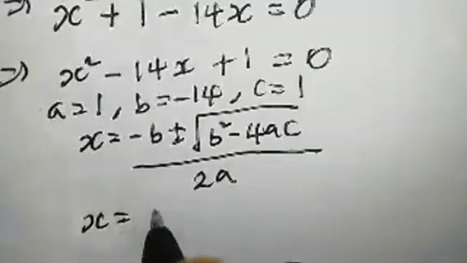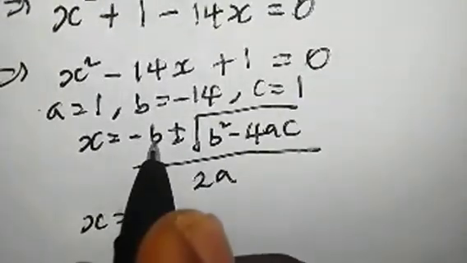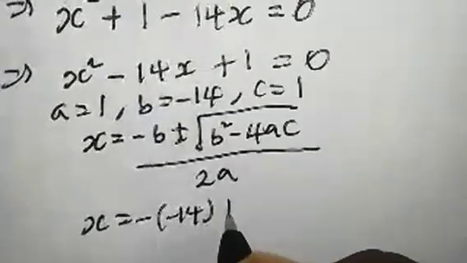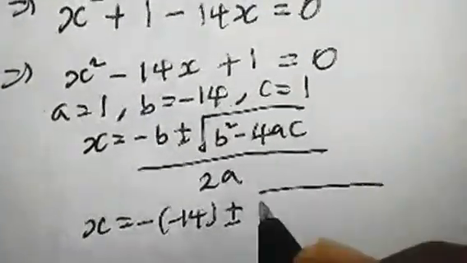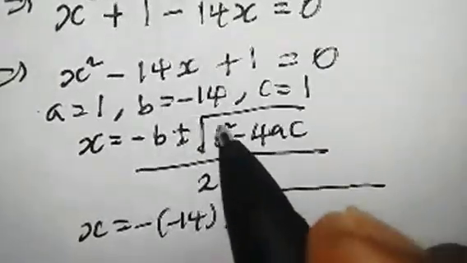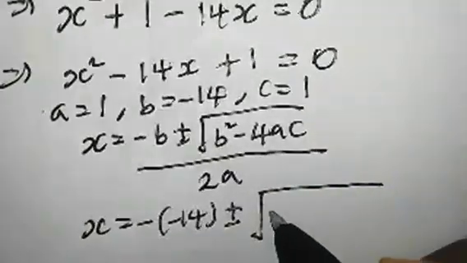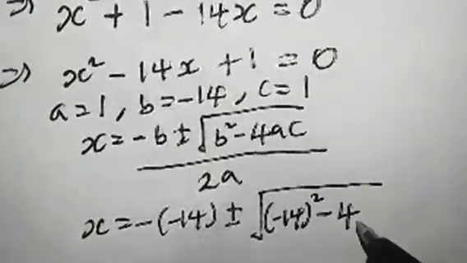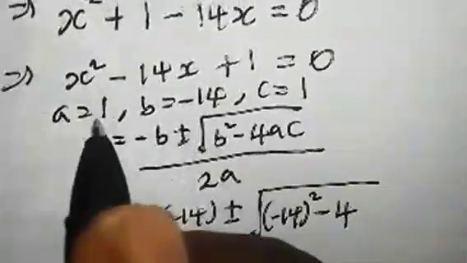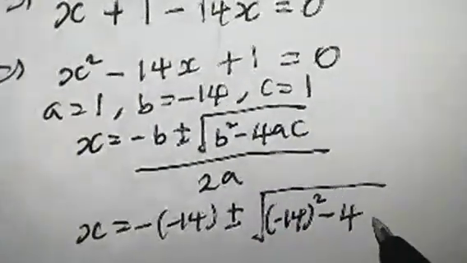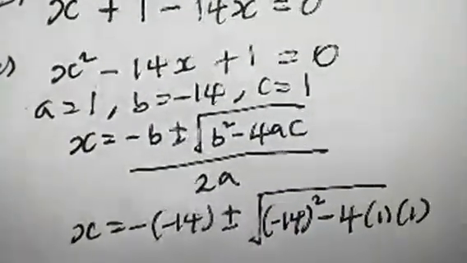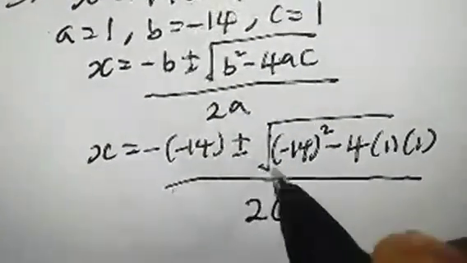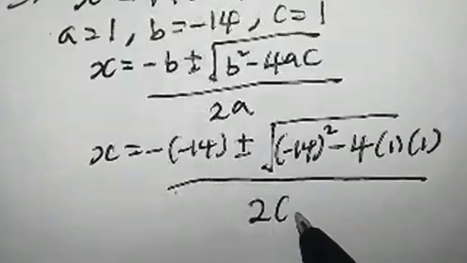So x is now equal to, this is minus, what is the value of b? b is minus 14. Minus minus 14 plus or minus square root of b square. If you plug minus 14 here, we simply have minus 14 all squared minus 4. The value of a is what? a is 1 and c is equal to 1 also, into 1 into 1. Everything divided by 2 into a, which is 1.